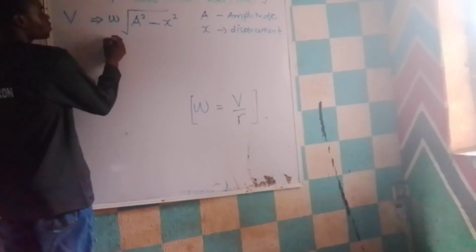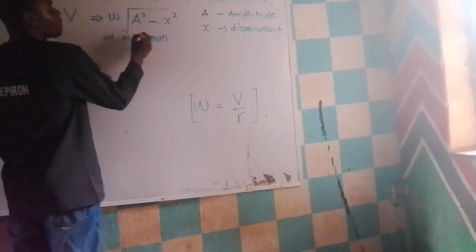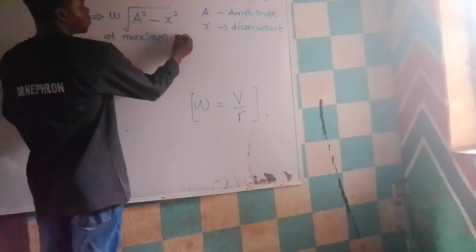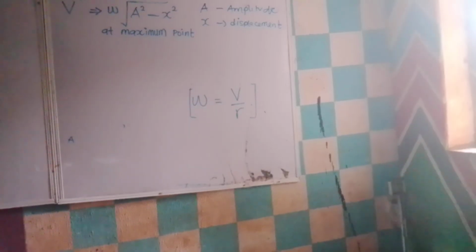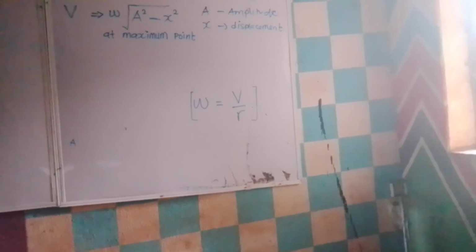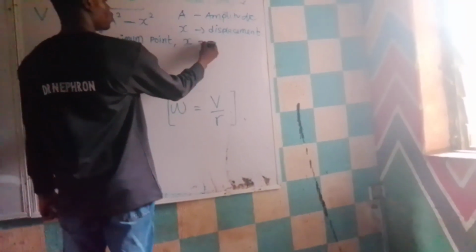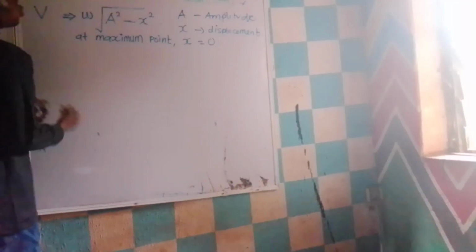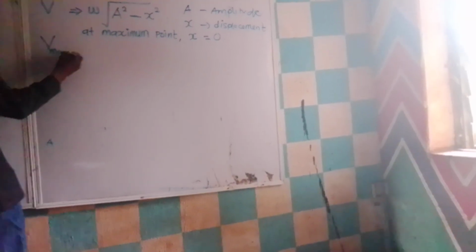Now, at maximum point, JAMB can ask you what happens. At maximum point, x is equal to 0. Class, at maximum point, our x equal to 0. Now if x equals 0, go back to this formula. It becomes V max, because we are at maximum point.